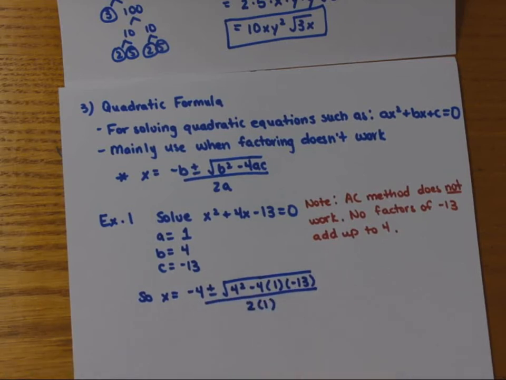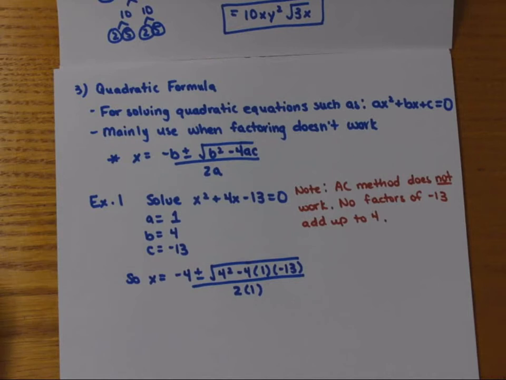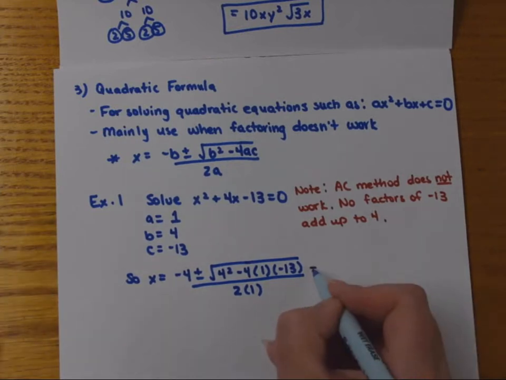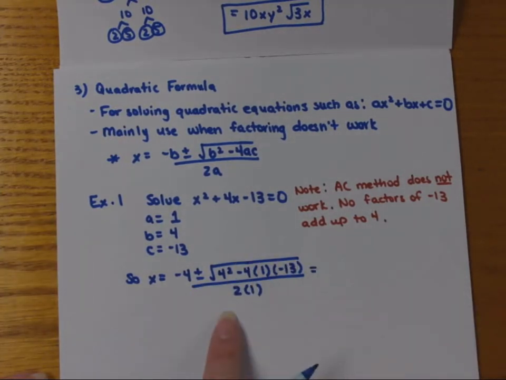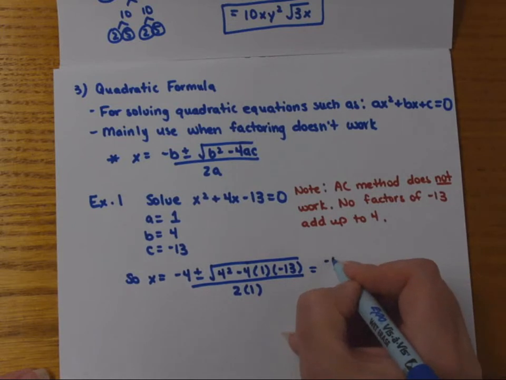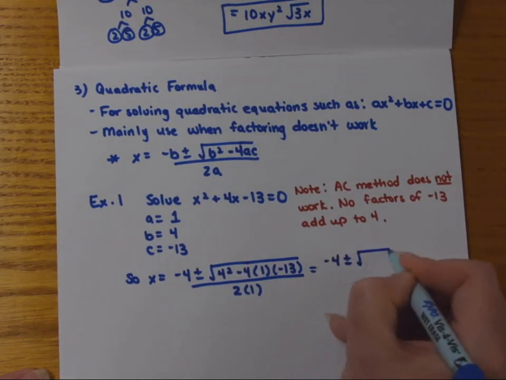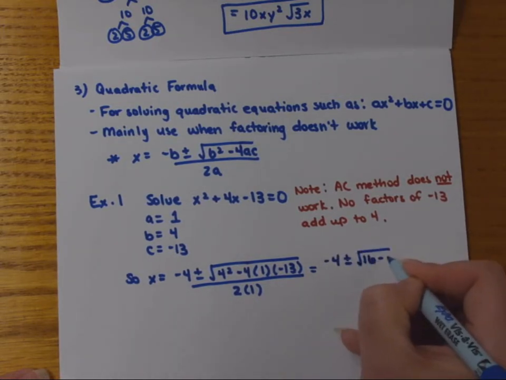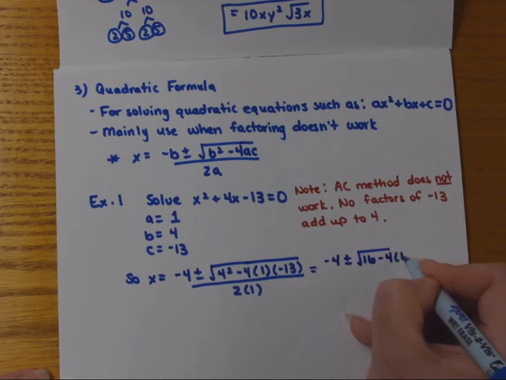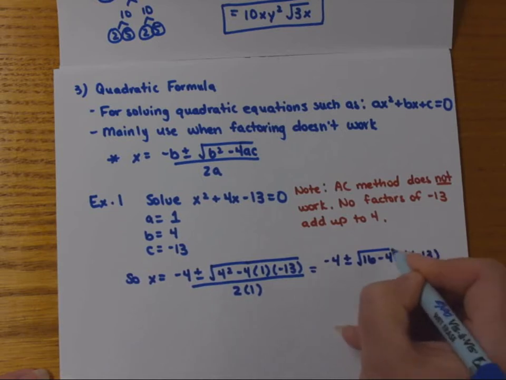Notice as I said the quadratic formula, I went ahead and plugged in the appropriate numbers, right? A was 1, b was 4, c was negative 13. Okay, so then you just need to remember your arithmetic, like which part of this many operations should come first. And exponents come first, so 4 squared 16 minus 4 times 1 times negative 13.